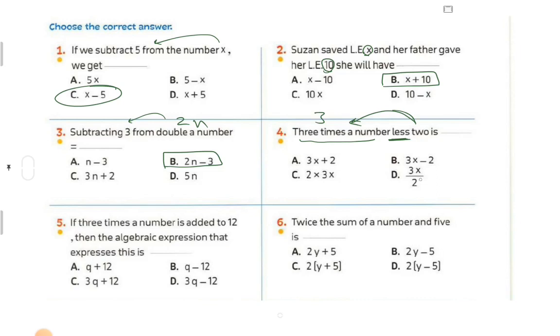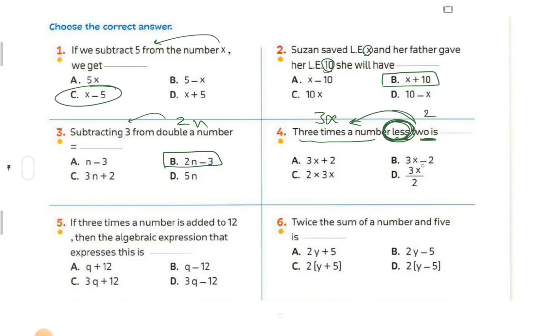Here we use x, so 3x. 2 minus 3x. When we have less, start with the last one: 2 minus 3x. Look here: 3 times x, less 2.